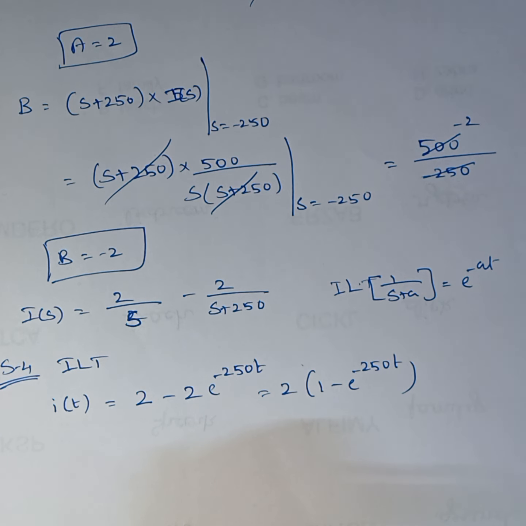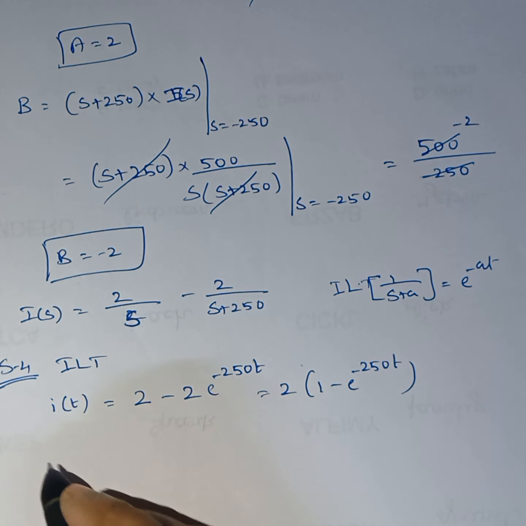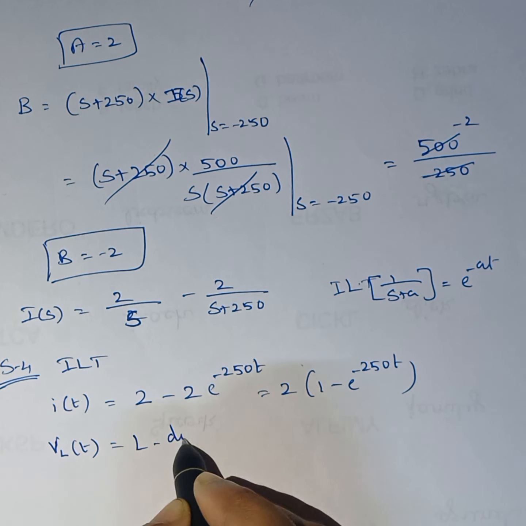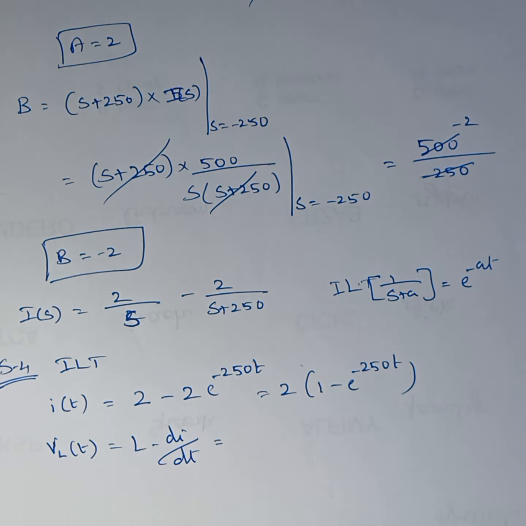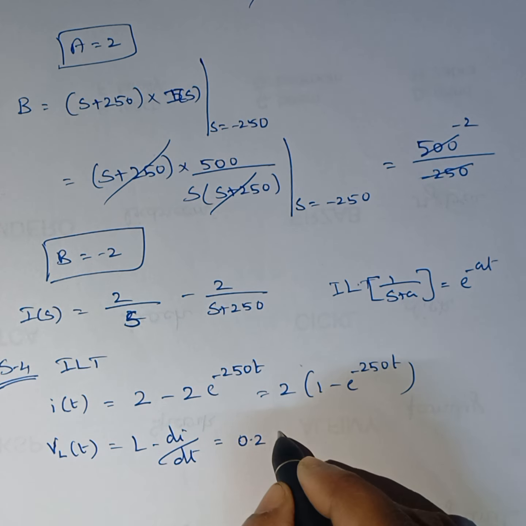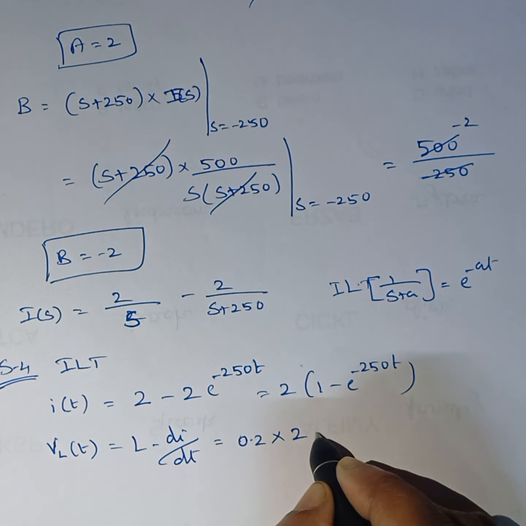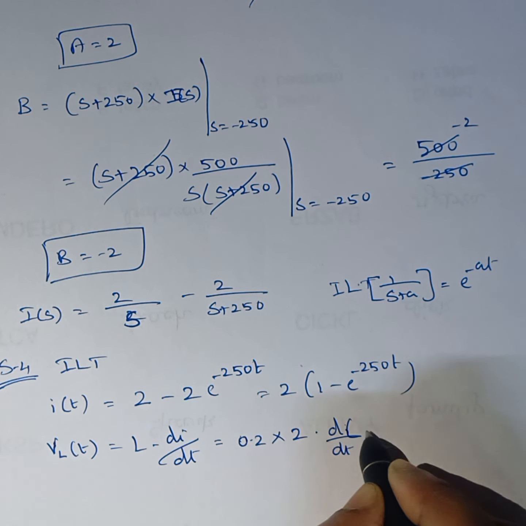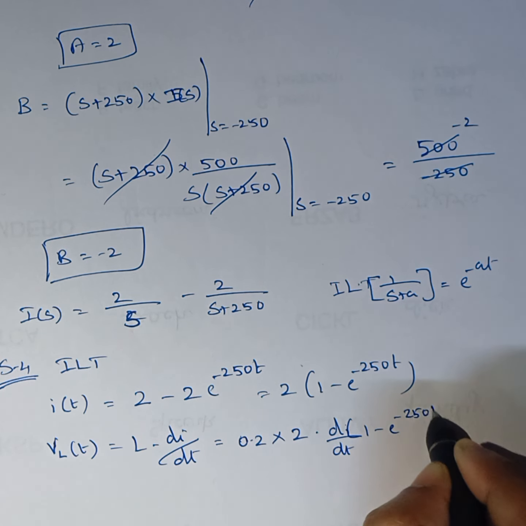The question is, actually we have to find the voltage across the inductor also. So here you will find the voltage across the inductor is L into di by dt. The L value in this problem is given as 0.2 Henry. So 0.2 multiplied by 2 into d by dt of 1 minus e power of minus 250t.